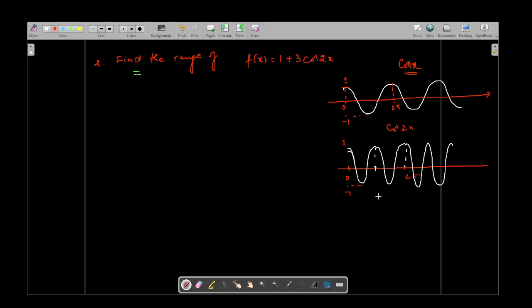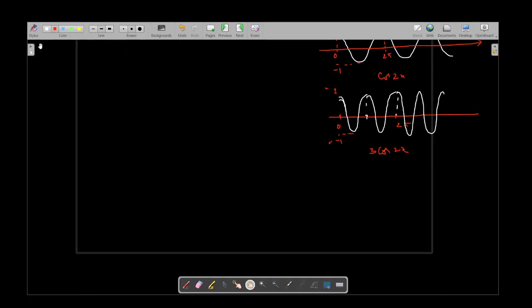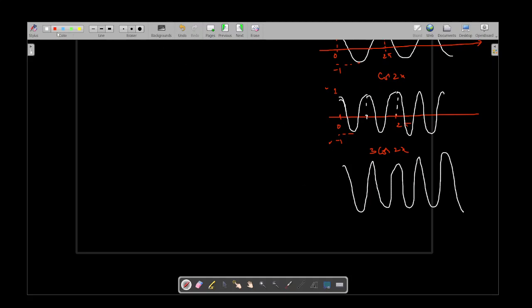If I multiply 3 to it, then 3 is multiplied to the y values, so it stretches in the y axis. So the value it takes is plus 3 to minus 3.